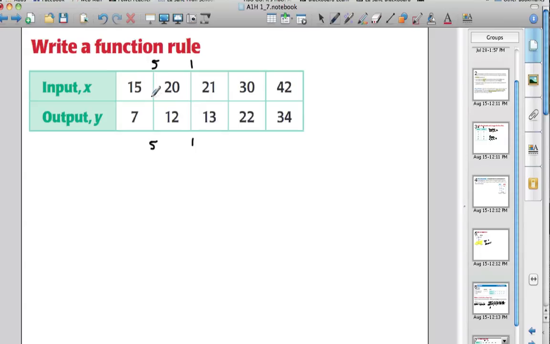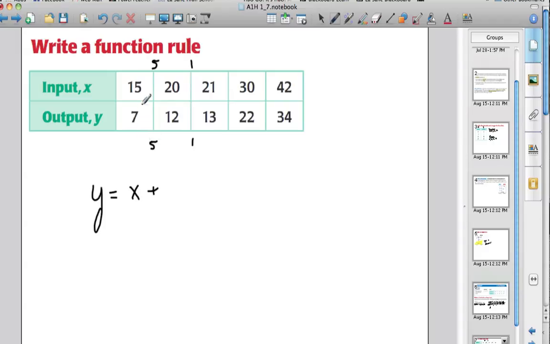Okay, so it looks like as the change in x was 5, the change in y was 5. So it really looks like y is going to be equal to something like x plus some number, right? Because if every time x changes by a number, y changes by the same number, then there's no coefficient here. Each time this changes by 1, that changes by 1. So it's really about this.